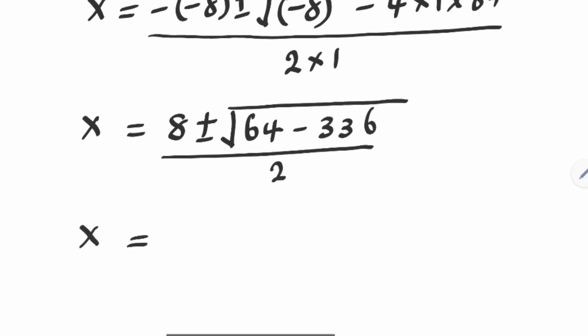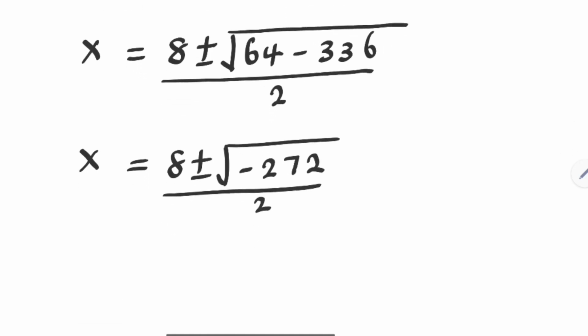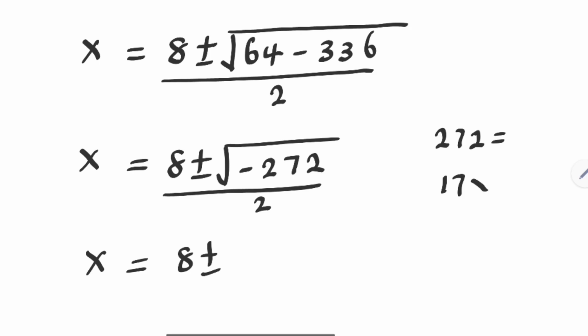x is equal to 8 plus or minus square root of 64 minus 336, that is minus 272, divided by 2. x is equal to 8 plus or minus, 272 is equal to 17 multiplied by 16.